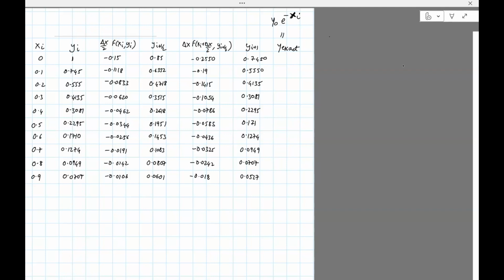Just a sanity check. If you put x is 0, you should get 1, right? So first you need to put xi equals. Okay, there's going to be a problem here. This is my bad. This should be y exact at i plus 1, right? We're comparing against this, so x i plus 1.